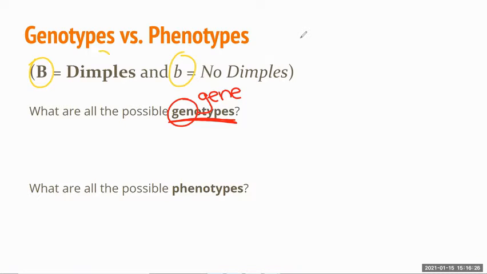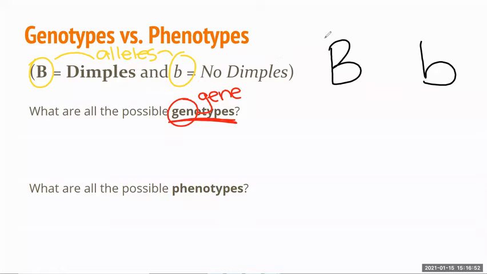So remember that these two versions of a gene are called alleles. We have a dominant and we have a recessive version. Now, how do we get the different possible genotypes? Essentially, what we're looking at here is in what different combinations can these two alleles come together to give us different, like I said, combinations.